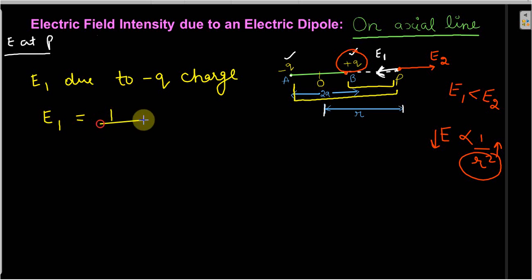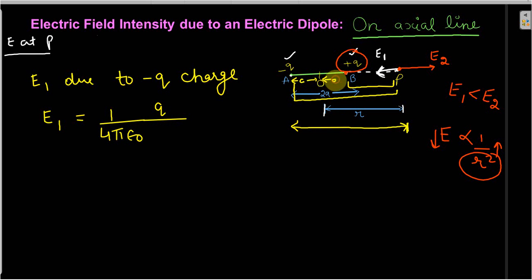We will write the formula for a point charge. So 1 by 4 pi epsilon naught, what is your charge? Q. We are taking it here in the magnitude form. So what is the distance of minus Q charge from P point? This portion is R and this one is your A.